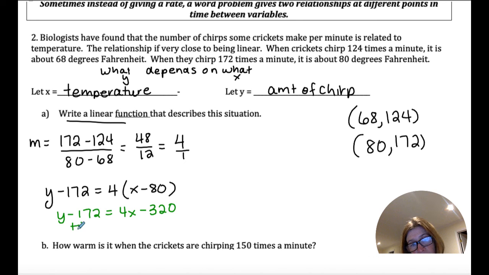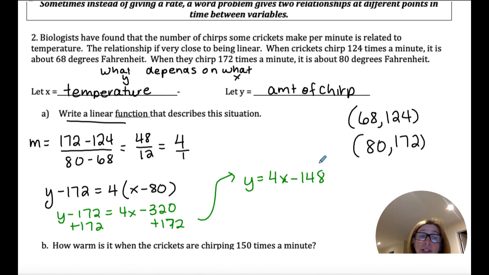And then I'm going to add 172 to both sides. Okay, and that gives me 148. So y equals 4x minus 148.